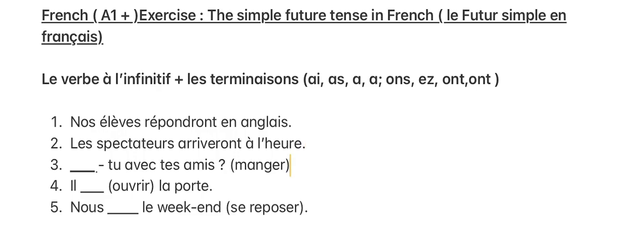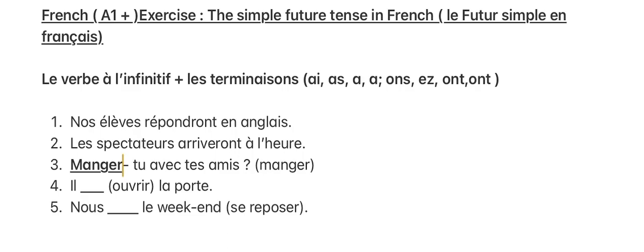Moving on to the next one. Tirer, tu avec tes amis. And the verb in the brackets is manger, which means to eat. Now, to understand the meaning of this sentence, we need to first solve it. So, we take the verb in its infinitive form, that is manger.